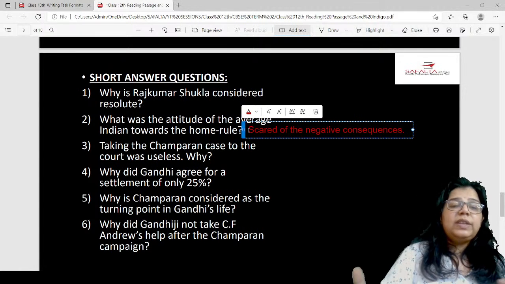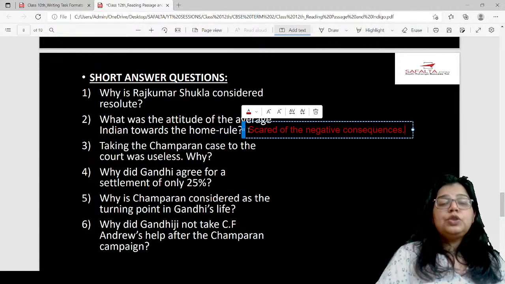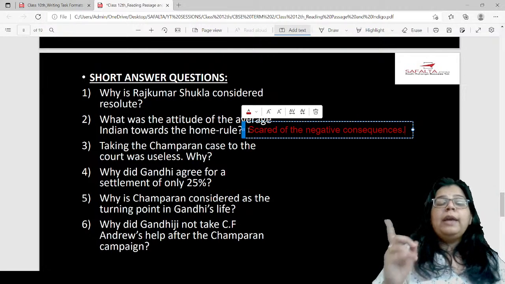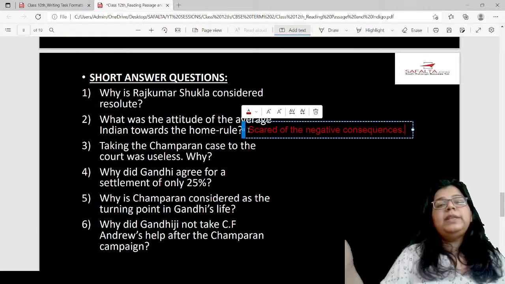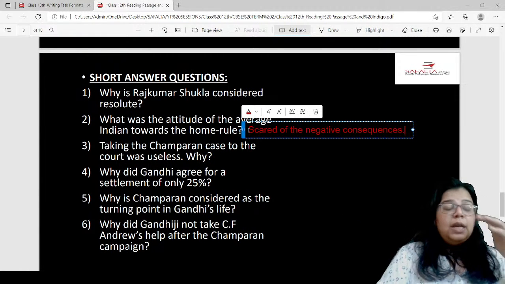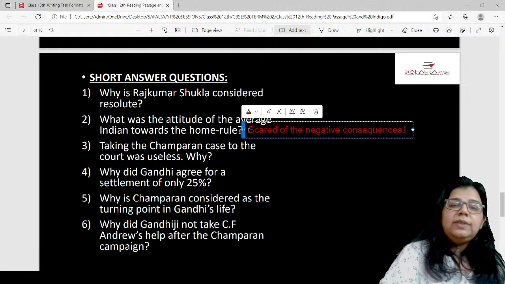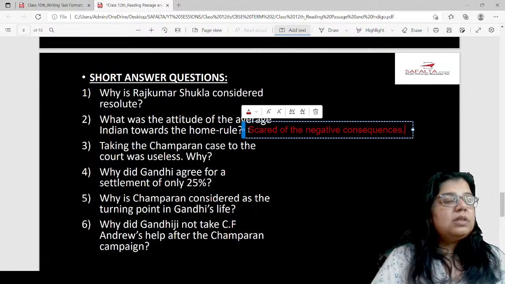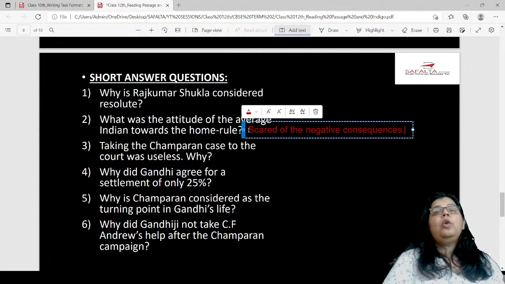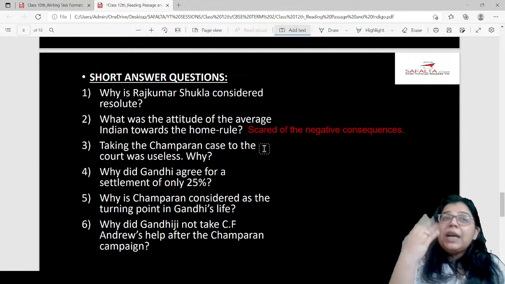So they were scared of the negative consequences, which is why they did not have the courage to ask for home rule also. And please remember, we are sitting in 1917, and it was only the Quit India movement in 1942 that we finally had the courage to ask for home rule. We are still in 1917, which is why they were very scared. Actually, it was not the negative consequence of the home rule, it was the negative consequences of asking for home rule.